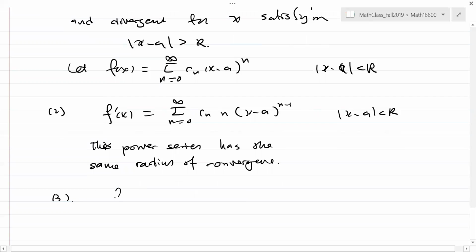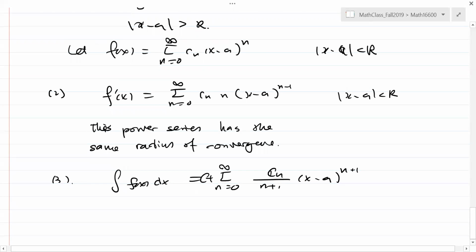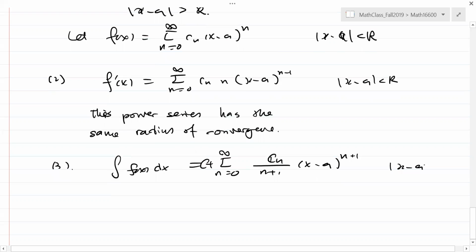Third, the integral of this function exists. It's going to be the term-by-term integral, plus a constant. This still holds when |x - a| < r, and this power series still has the same radius of convergence. That means it is not going to have a larger radius of convergence.